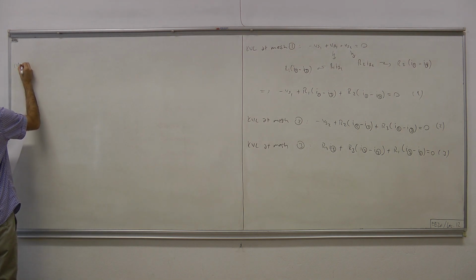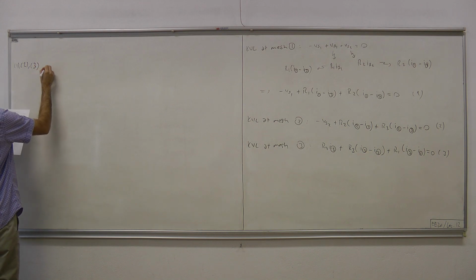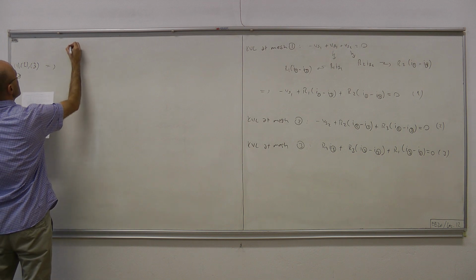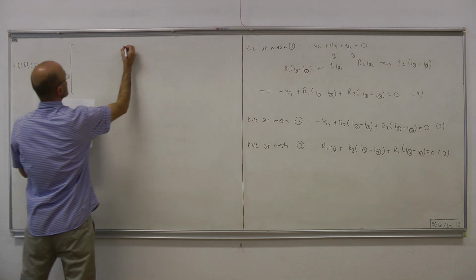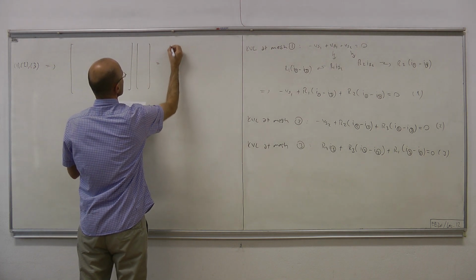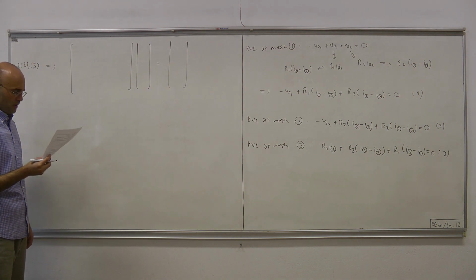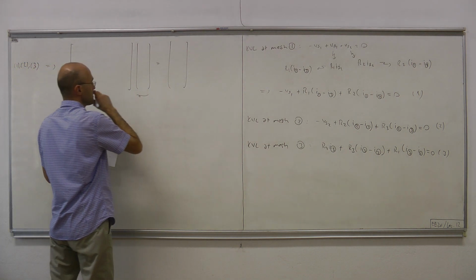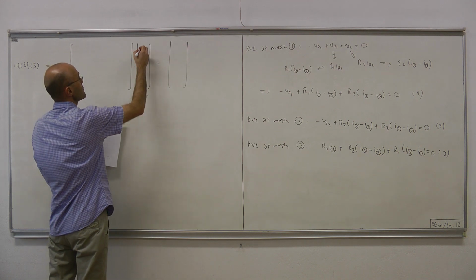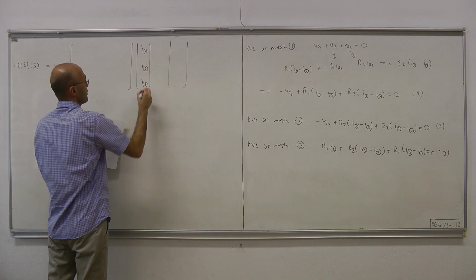Equations 1, 2, and 3 give us this matrix equation. Here, this vector contains our unknowns or formulation variables, I1, I2, and I3.